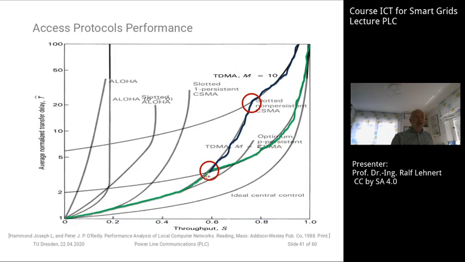But if the load is increasing, and for instance, if we proceed along this curve, which is a slotted non-persistent CSMA system, that means here we are going up, and it is no longer shown. It will go somewhere here.